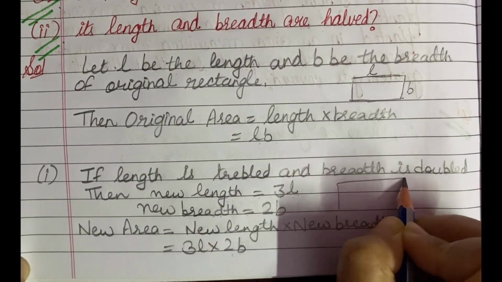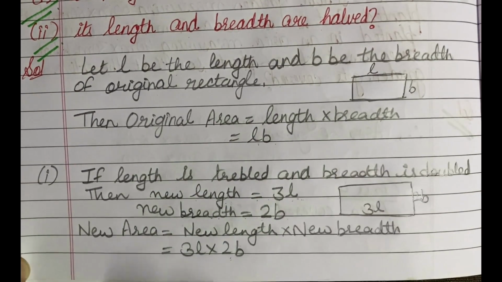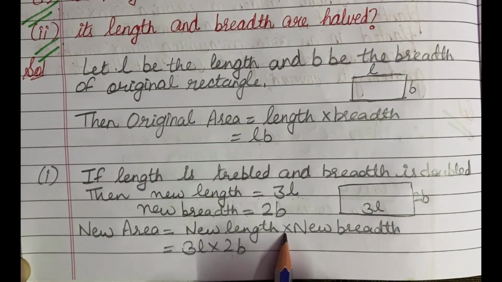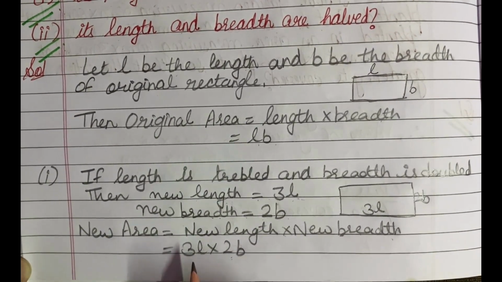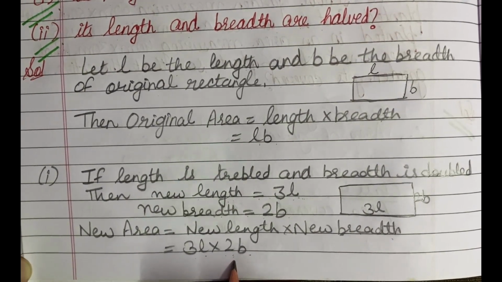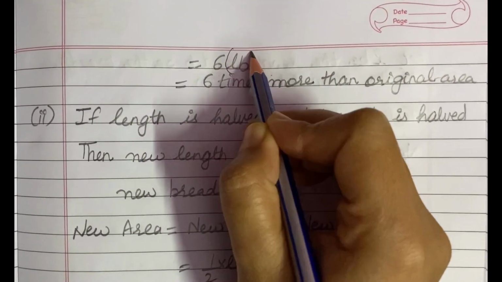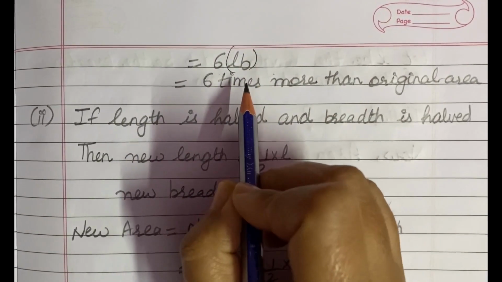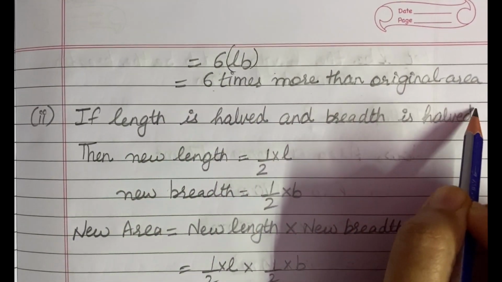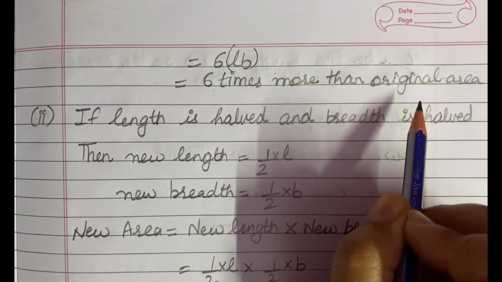This will be the rectangle then, having length 3L and breadth 2B, and the new area will be equal to new length multiplied by new breadth, that means 3L multiplied by 2B, and on solving this we will get 6LB, and this LB means the original area, so the new area is 6 times the original area.